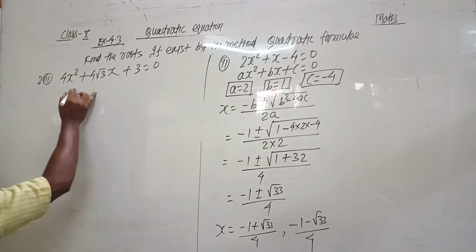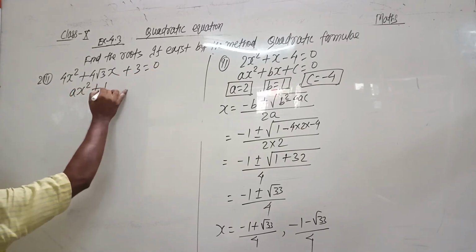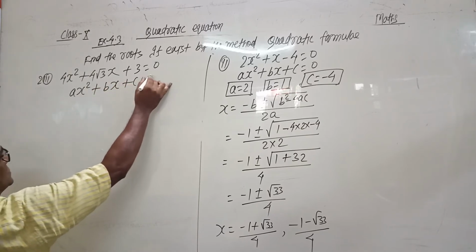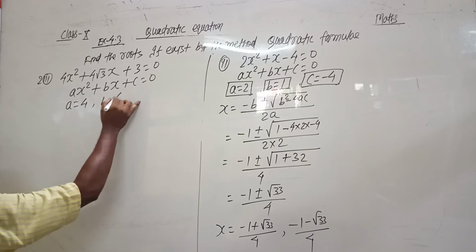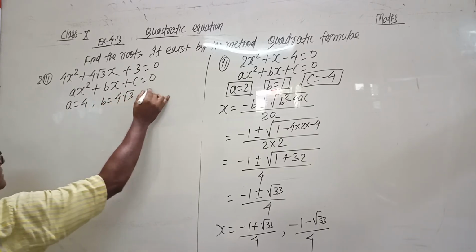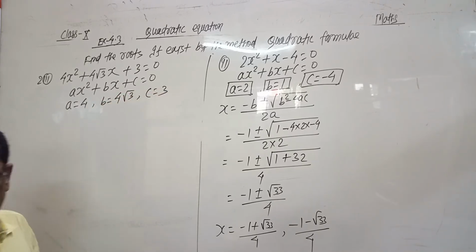Compare with the standard equation ax square plus bx plus c equals to 0. The value of a is 4, the value of b is 4 root 3 and the value of c is 3. Then we have to write the formula.